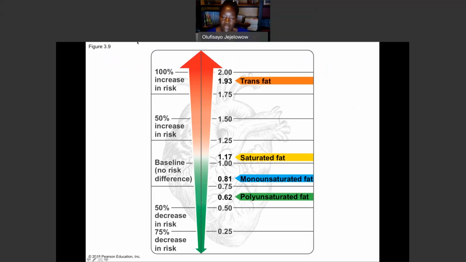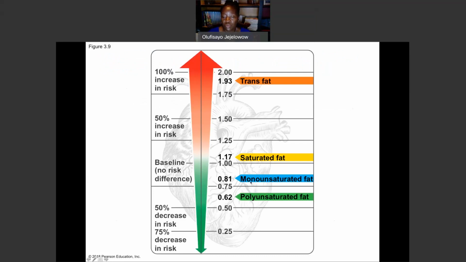This chart illustrates the risk if we have diets that are high in polyunsaturated fat. We have a 75% decrease in risk, a 50% decrease in risk, all of this green band.